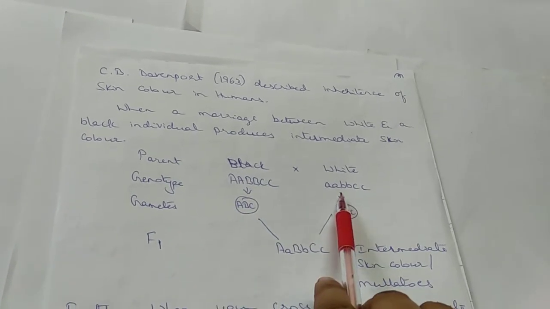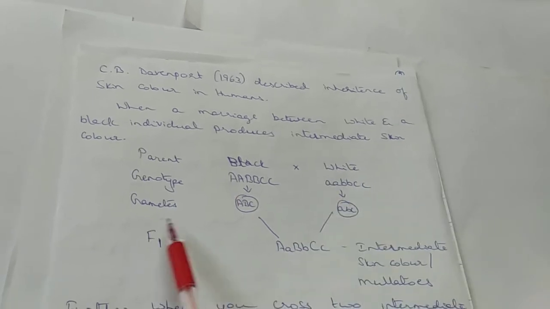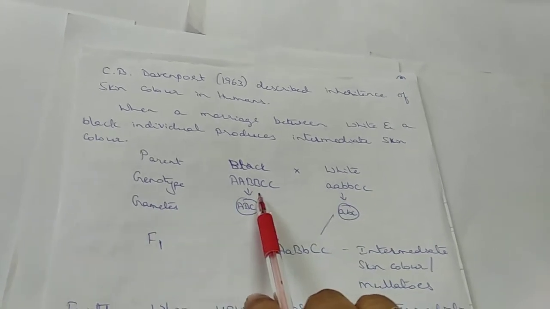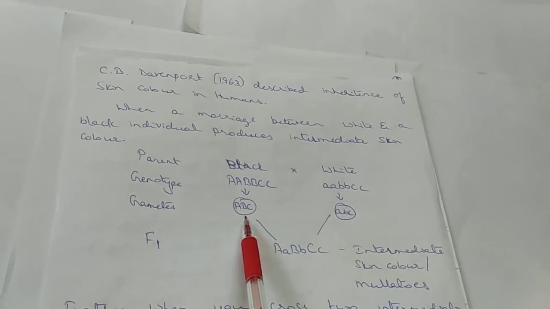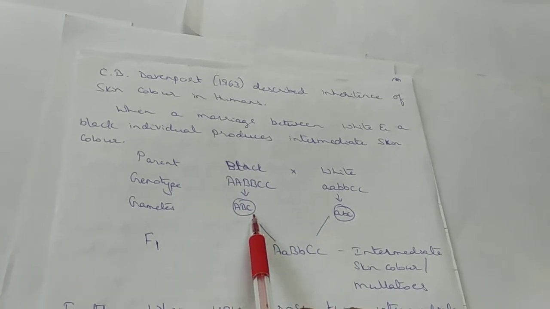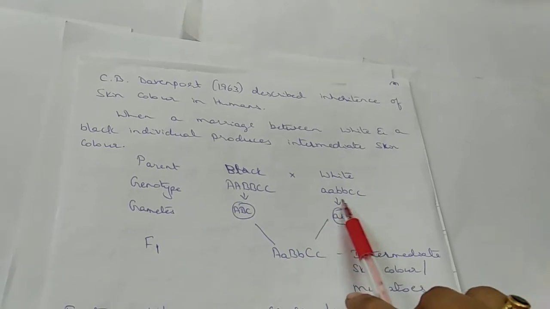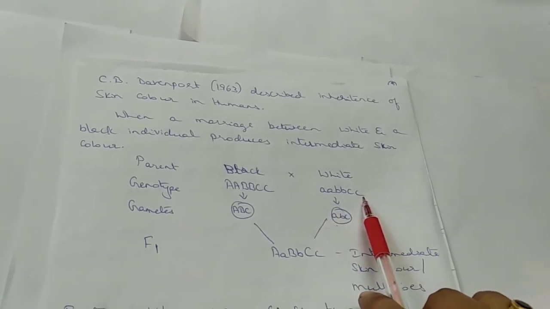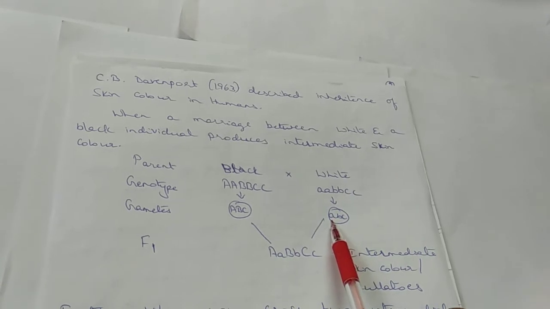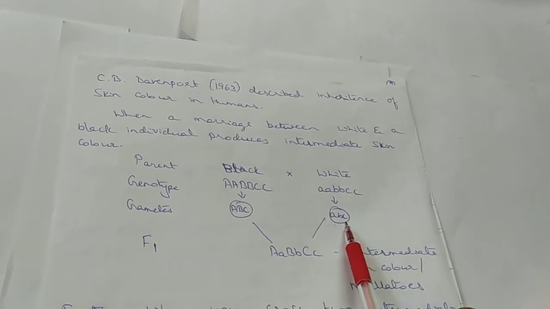These are homozygous or pure lines. And for the gametes, since these are pure lines, you are going to consider only a single one, that is capital A, capital B, capital C. And alternatively we are going to consider the recessive, which is also a pure line, small a, small b and small c.